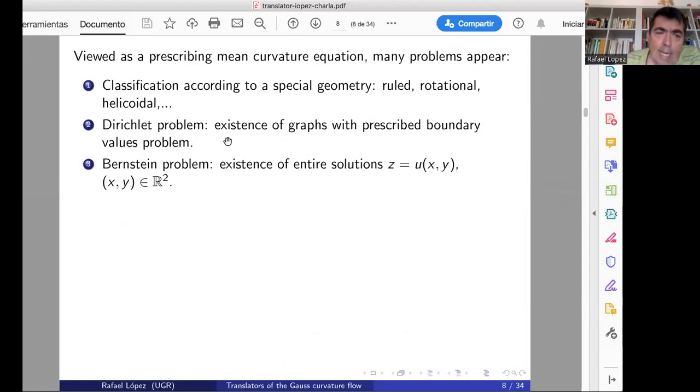These problems are difficult. If you see the literature about the mean curvature flow, it is different. And there are results about these last two problems, because I repeat, for the mean curvature, in some sense it is easier to study the equation.